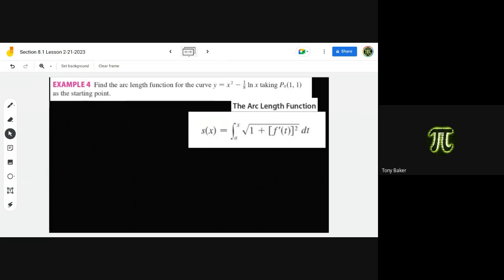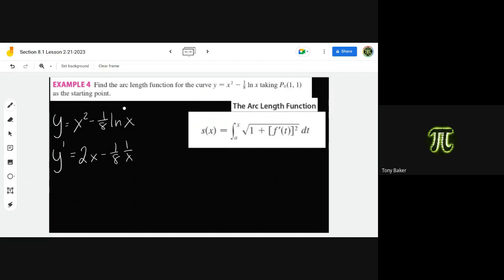Actually, let's do this. All right, so we've got our function. We know that y is x squared minus 1/8 ln of x. I need my y prime. I need my derivative of it. So what's the derivative of this? 2x minus 1/8 what? 1 over x, right?